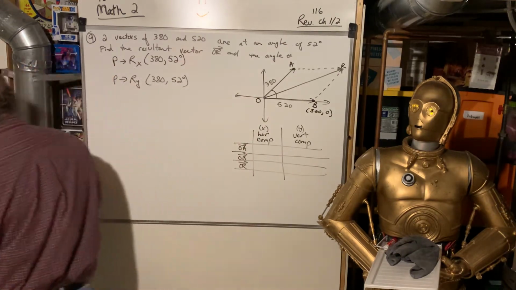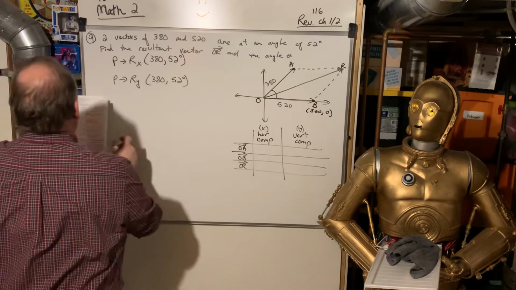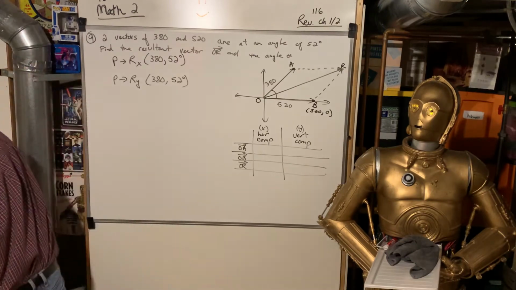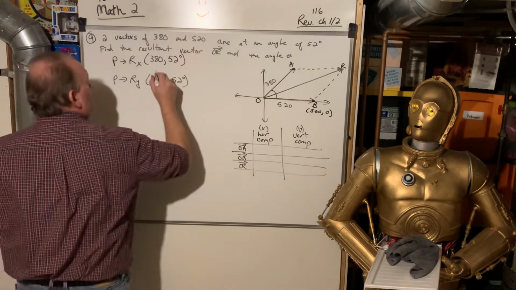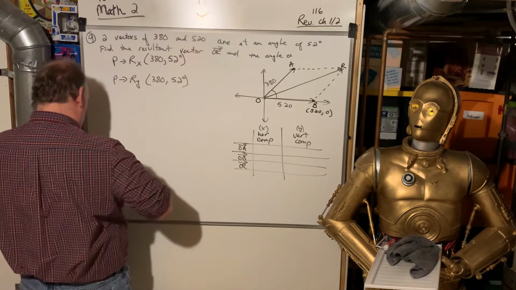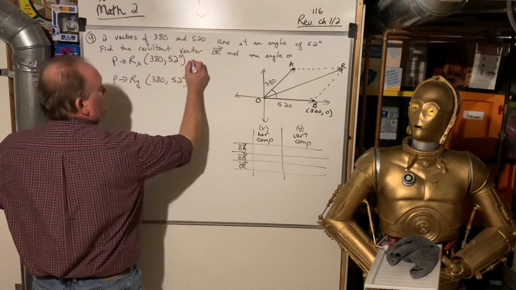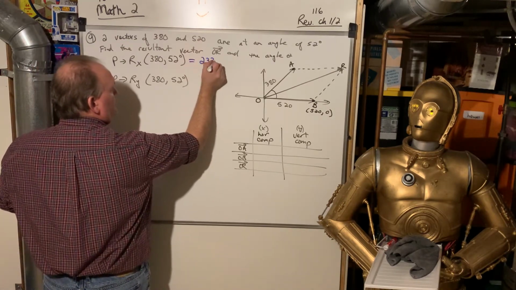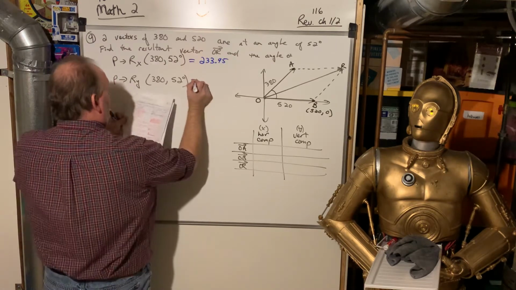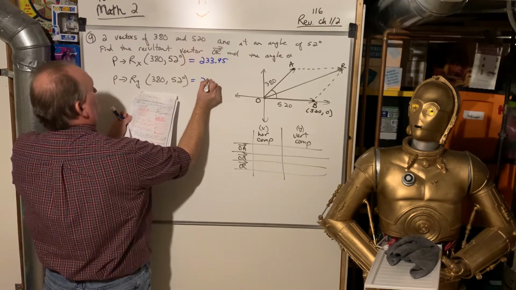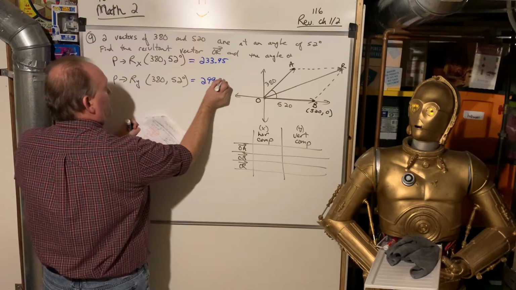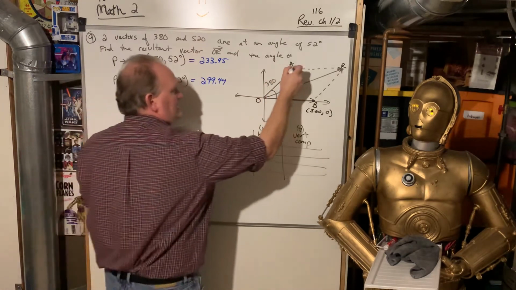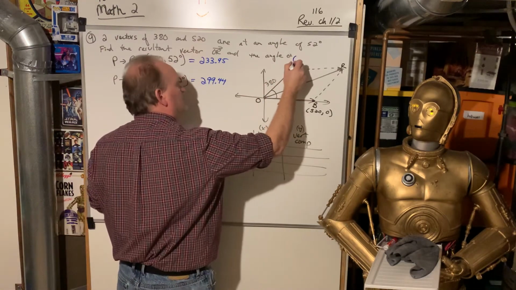So that was 233.95, right? Yep. So I'll do blue. This is 233.95, and this one is 299.44. That's this point in space.